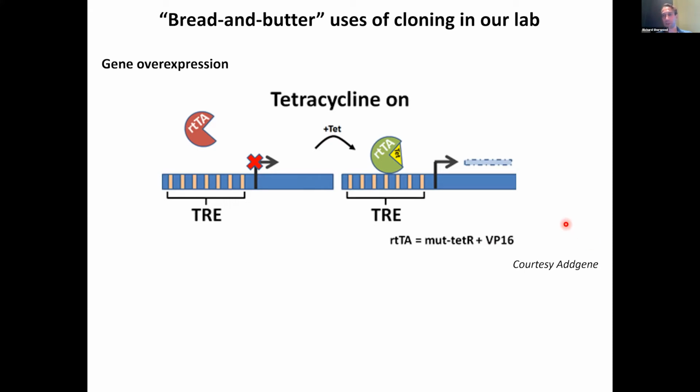Or alternatively, we use transposons, which is basically the same thing. If you add a transposase to a cell along with a plasmid that has an insert flanked by the transposon recognition sequences, it will also be randomly integrated into the genome. And that allows us to get more stable expression of whatever gene in our cells.